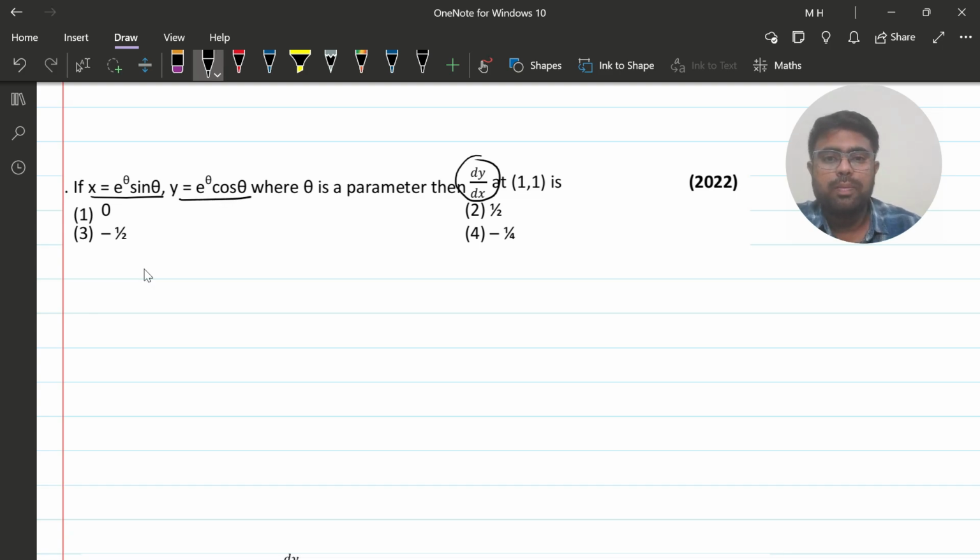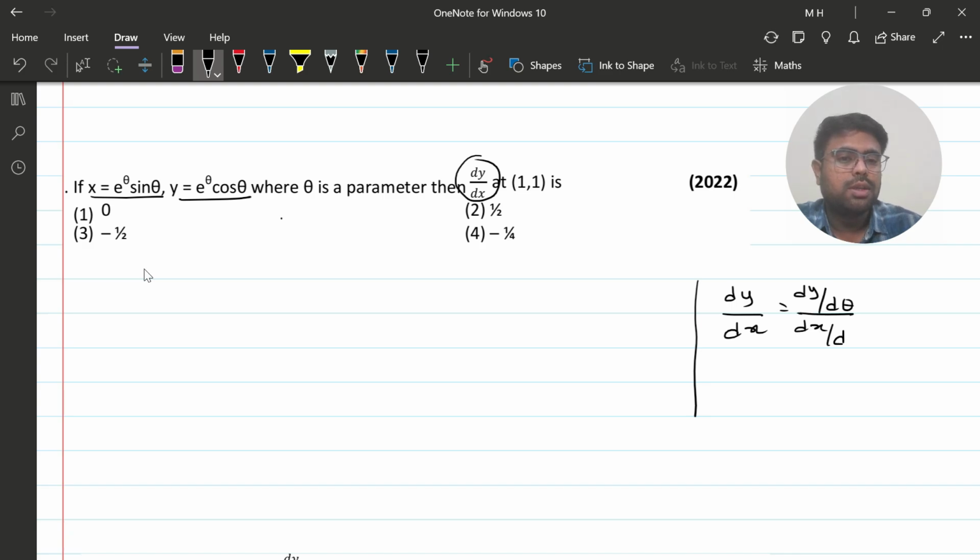So what I am going to do now is, first I'll find out dy by d theta and then dx by d theta. So I will evaluate dy by dx as dy by d theta divided by dx by d theta using parametric differentiation, right? First I will find out dx by d theta. I have x equal to e raised to theta sine theta, so the product of two functions, use the UV rule.